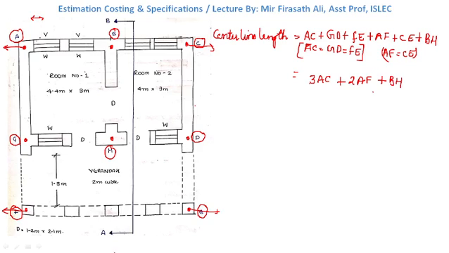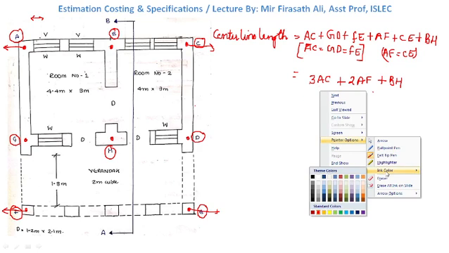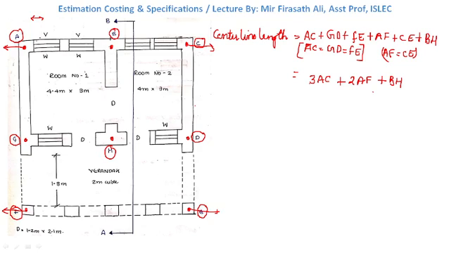Now, let us determine the value of AC. How to determine the value of AC? Let us see over here. AC is equal to, let us start from here. This distance is how much?